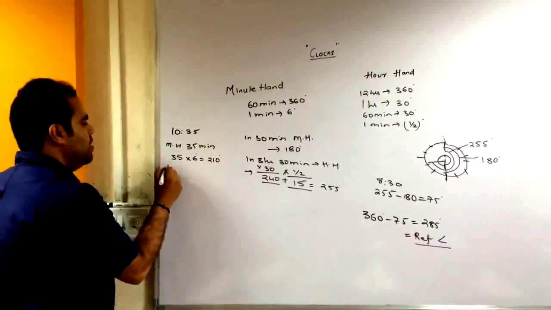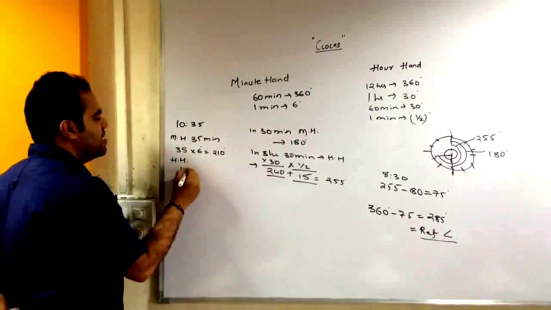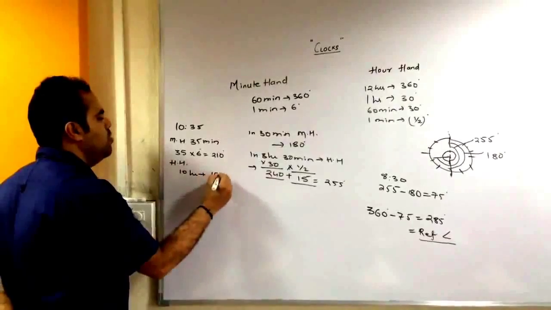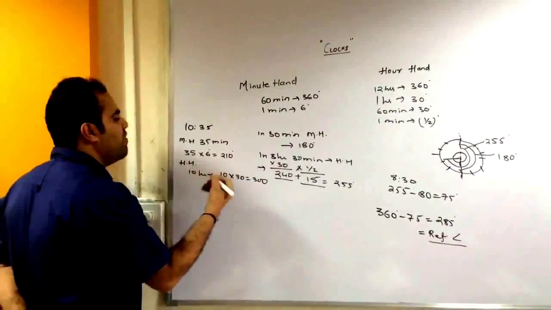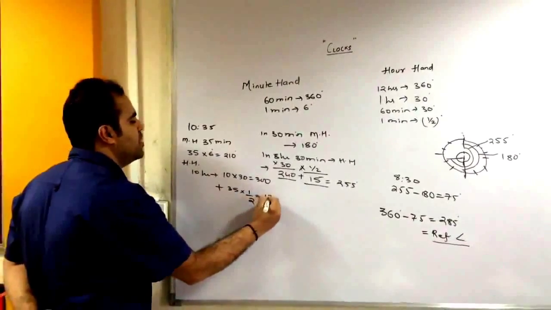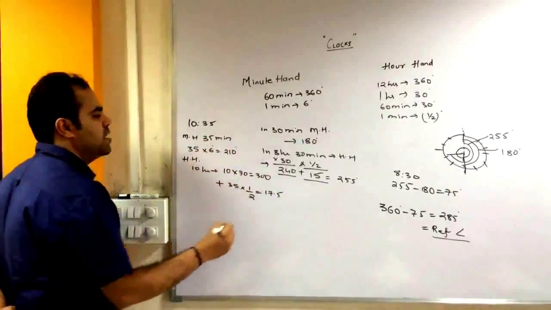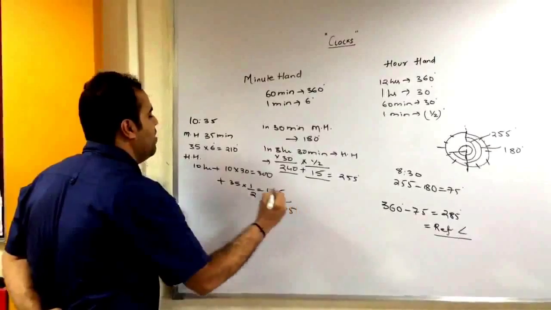What will happen with the hour hand? The hour hand will travel for how many degrees? For 10 hours, it will have 10 into 30, which is 300 degrees, plus for the next 35 minutes, 35 into half a degree per minute, which will give you how much? 17.5 degrees. So in short, the hour hand is traveling for how many degrees? 317.5 degrees.